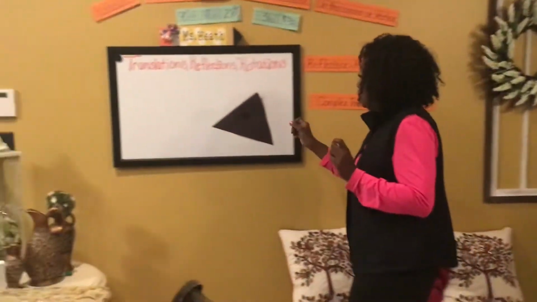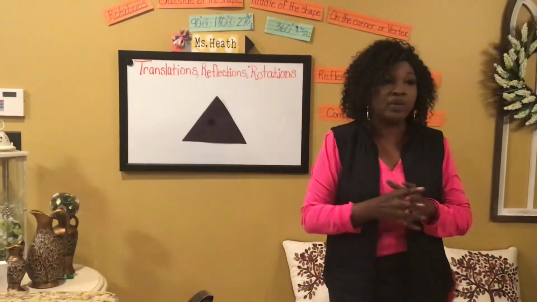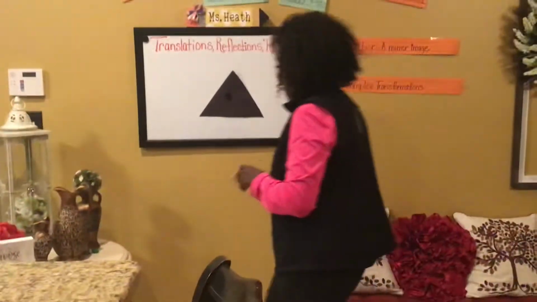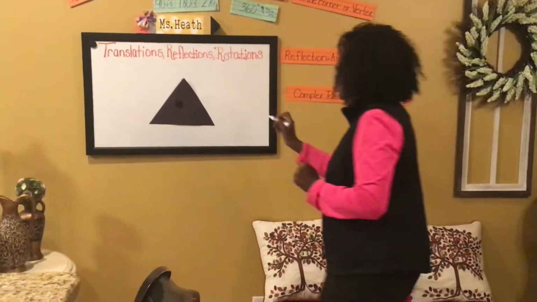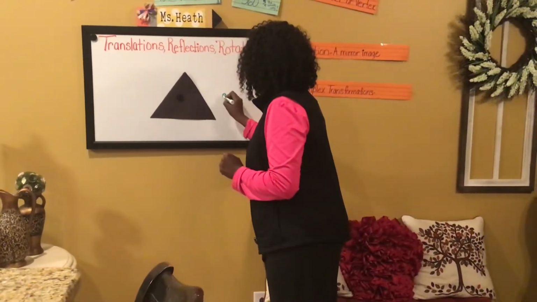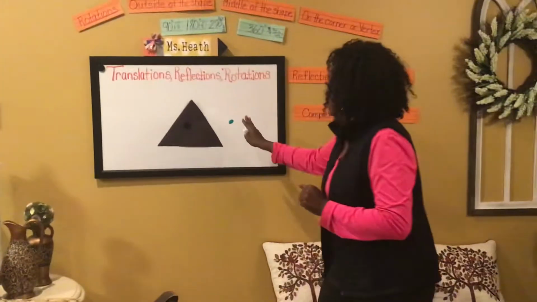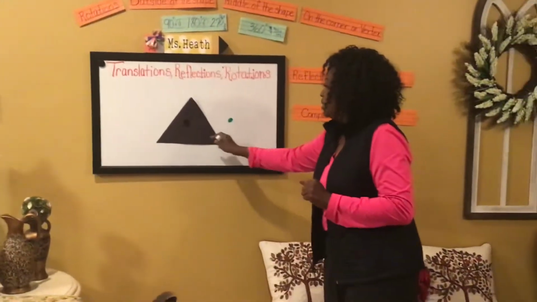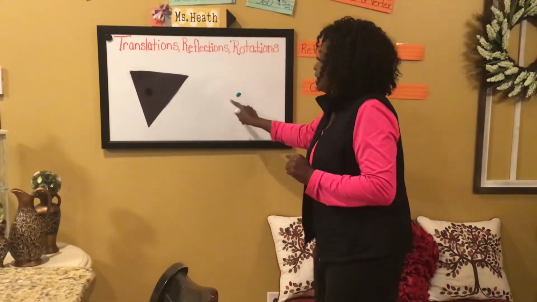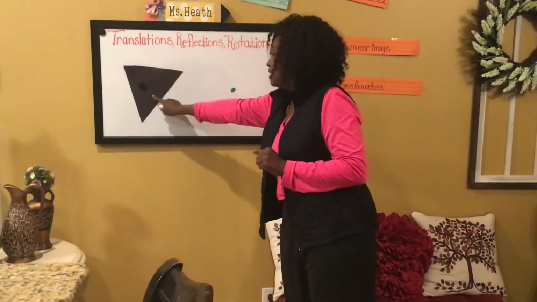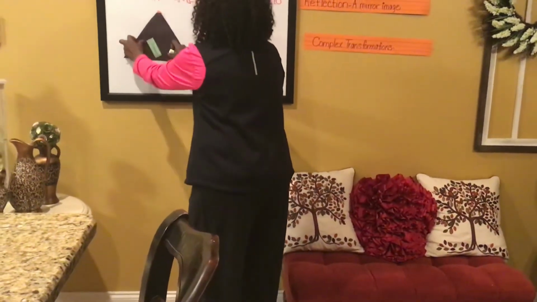So when we find that turning point, I'm just going to put my little dot right here, and imagine that there was some type of link between this triangle and this point. Let's go ahead and name this triangle Justin, and I'll turn it around here so you can see its name.